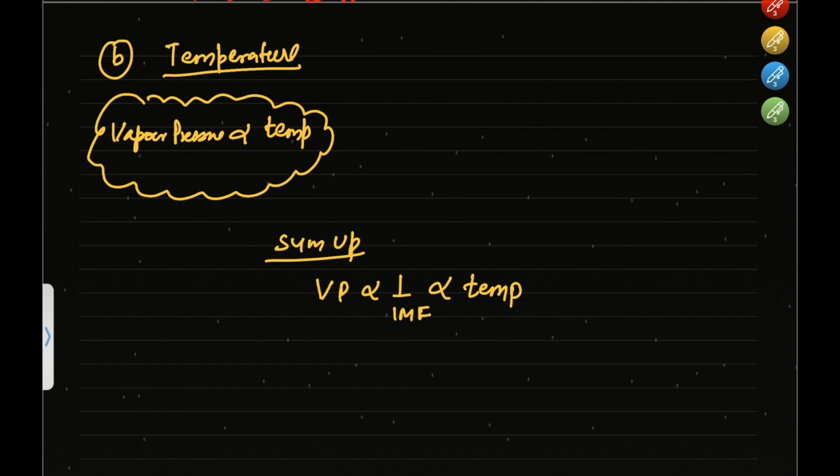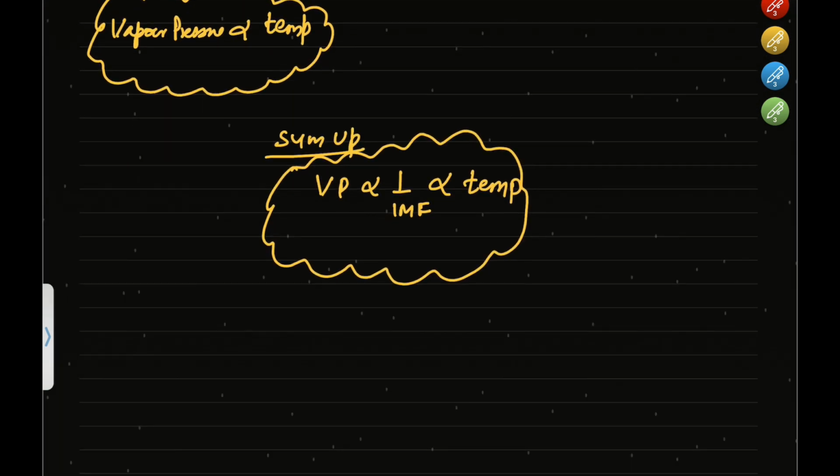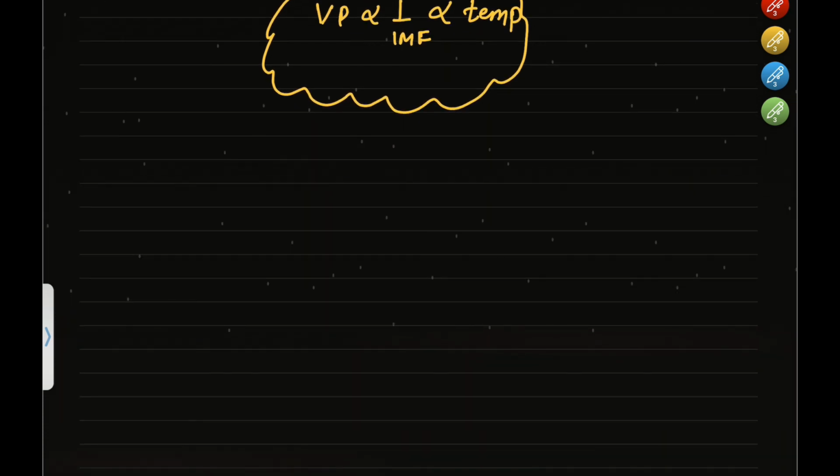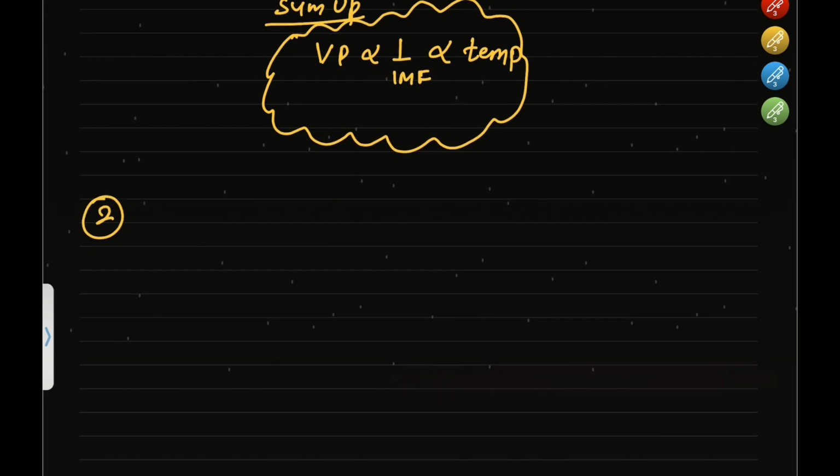Okay, now the vapor pressure of the solution. Second, vapor pressure of solution.